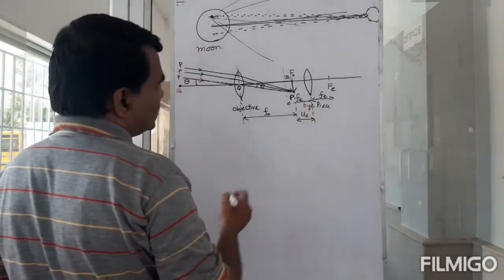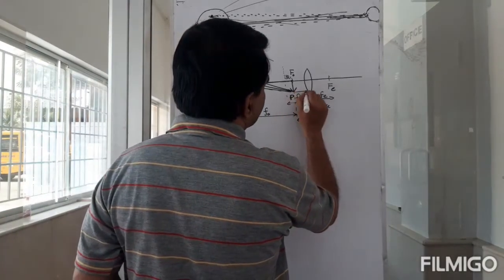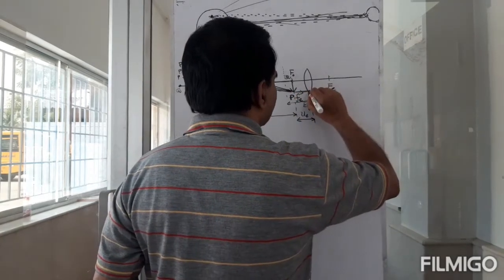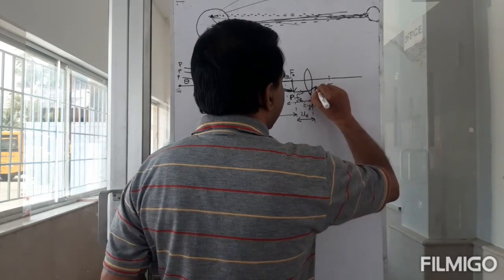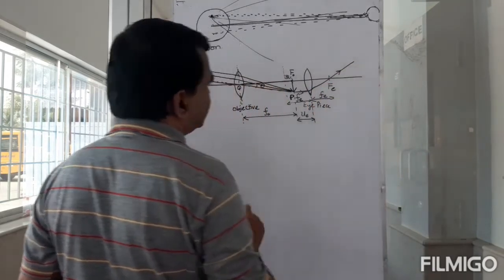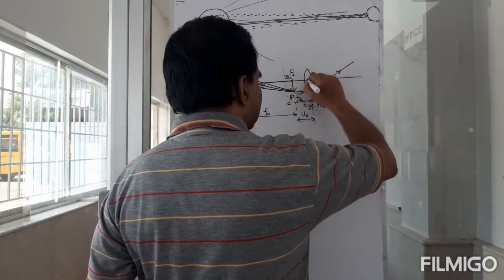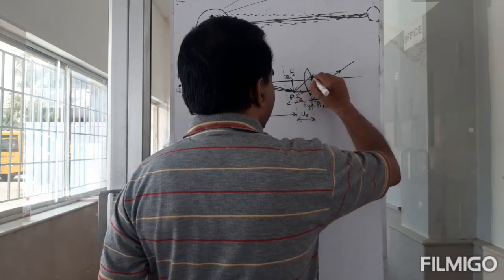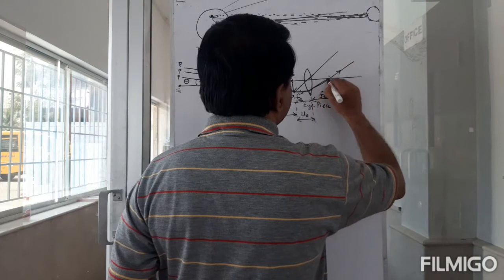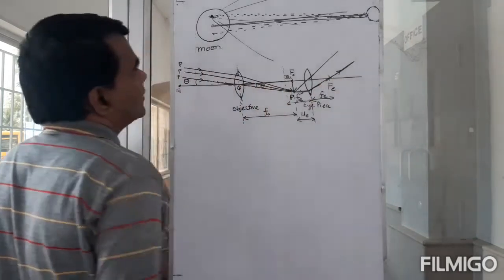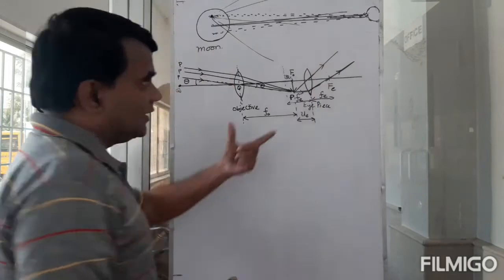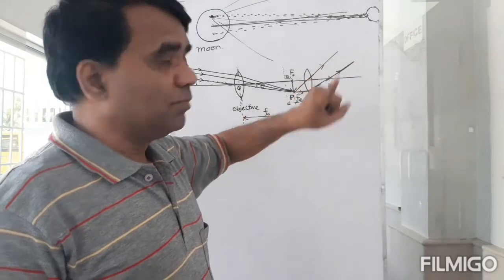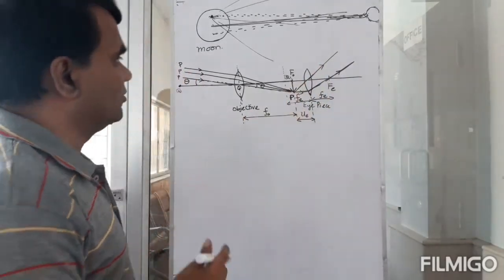So what happens now? This ray, we take a parallel ray, then this will go through the focal point, right? Go like that. And let me take the ray which goes to the optical center of this one. So clearly it is diverging after refraction, so it won't form a real image there, but notice it can form a virtual image on the other side.